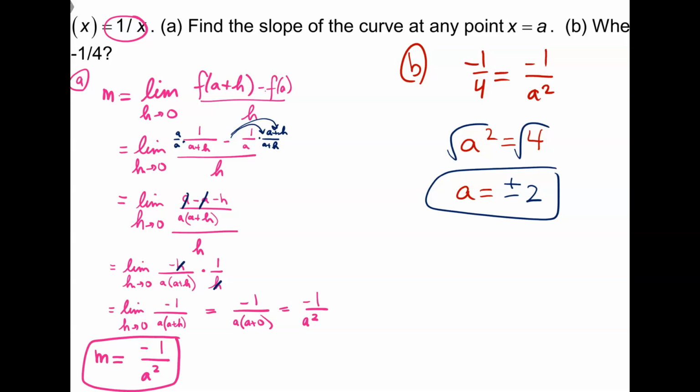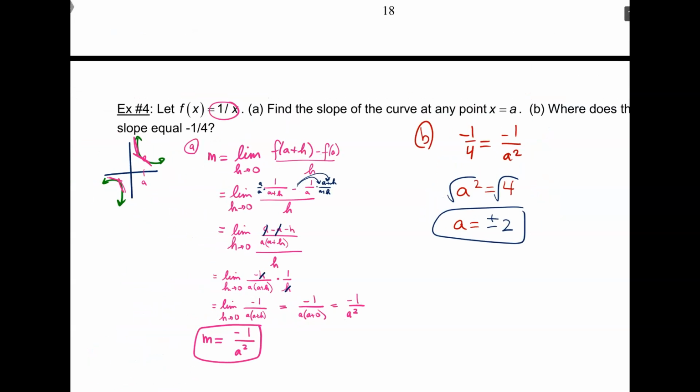Why don't you plug in negative 1/4 into negative 1 over a squared? So it's negative 1 over negative 1/4, and then you multiply and it becomes 4. Whoa. So where does the slope equal negative 1/4? If m is the slope, I set negative 1/4 equal to negative 1 over a squared.